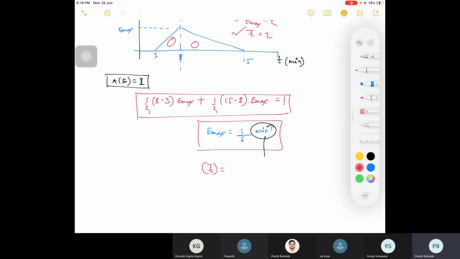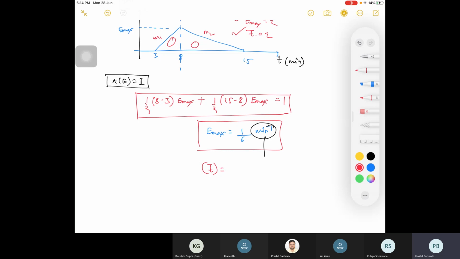Mean time is your, here you are having M1 and M2.